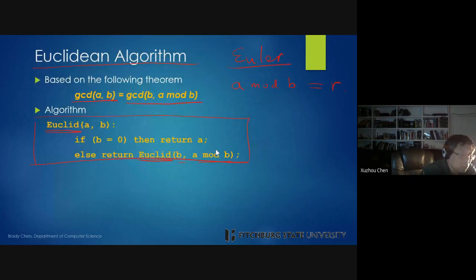We're going to talk a little bit more about modular operation. A mod B is called a modular operation. But right now, you just need to know A modulo B is the remainder when you divide A by B.